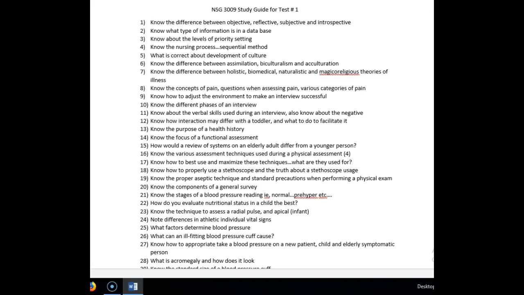So, for instance, okay, you're coming in for the phases of the interview, and you've got the introduction, the working, and the closing. Some people call the introduction the opening, but introduction, working, and the closing phase. Okay, and you know what to do in each one of them.